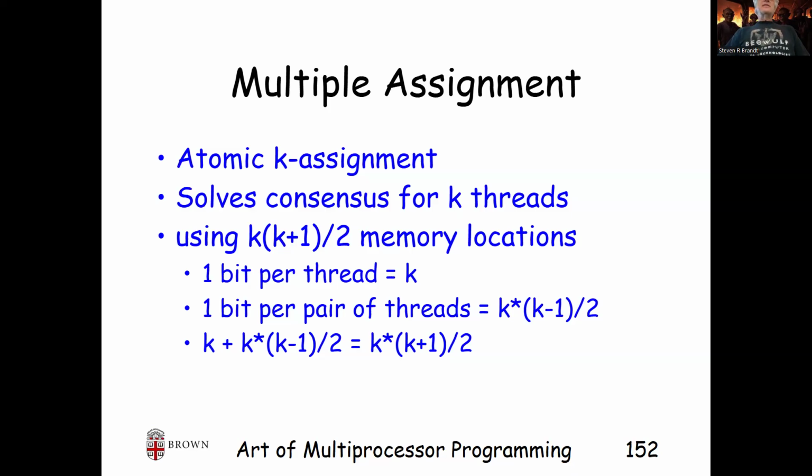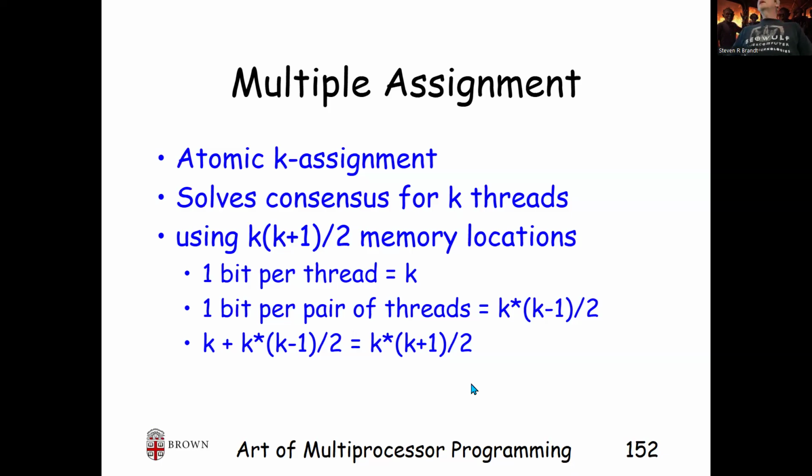So think about the way this works. We need one location. When we did the 2 consensus, each thread had one location that only it wrote, so that we could look at that location and tell whether that thread moved.